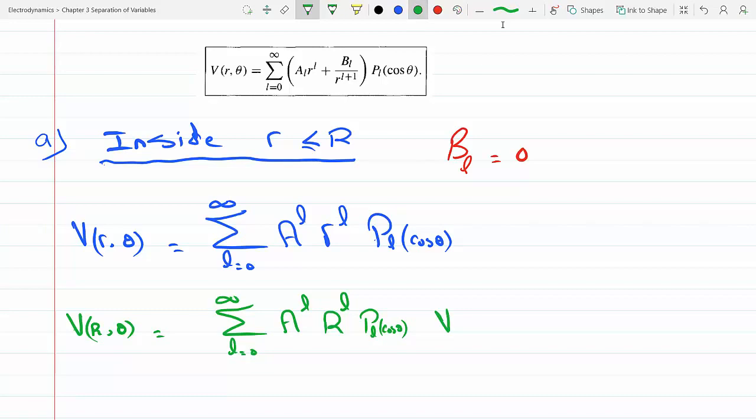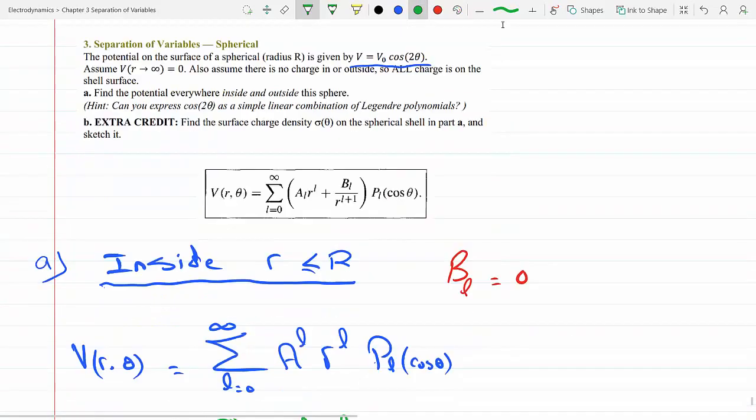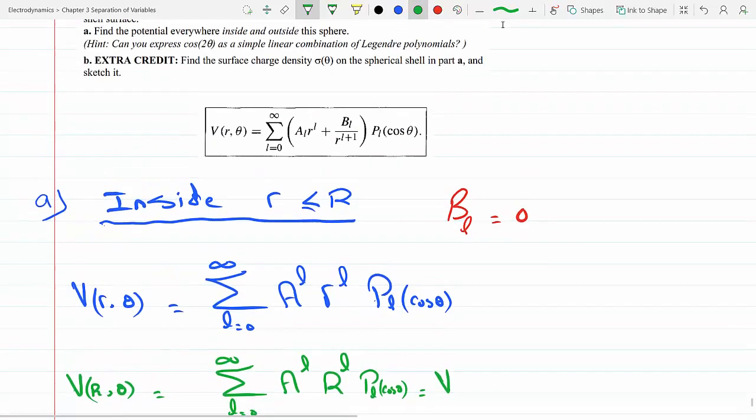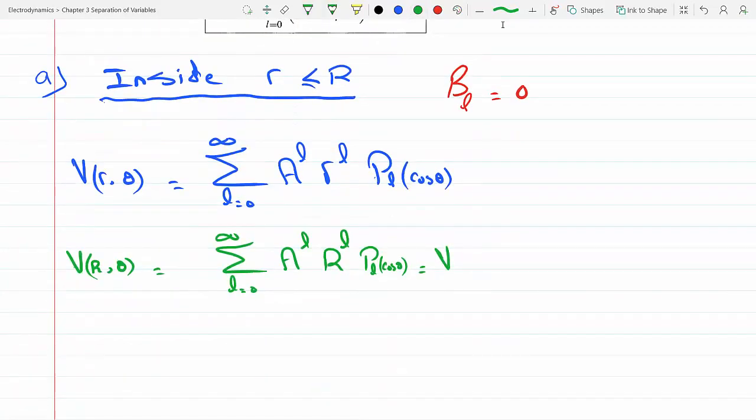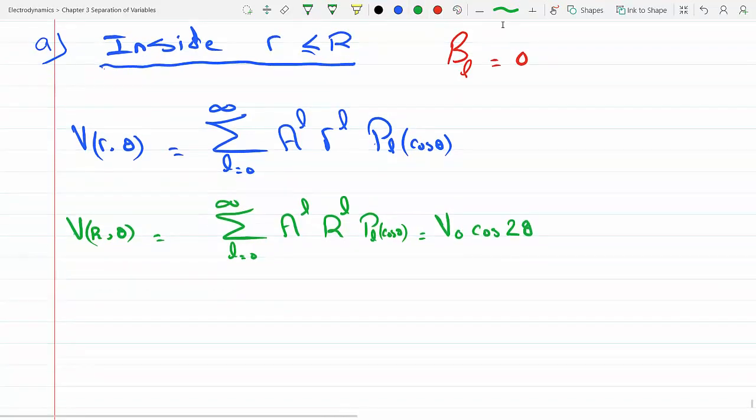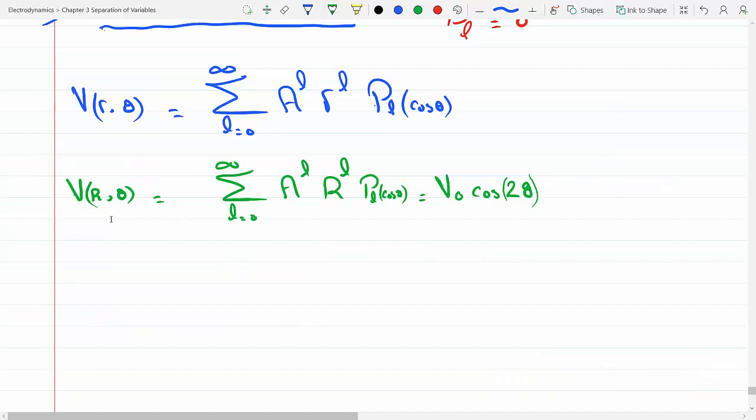Okay, and this has to equal V0 cosine 2 theta at the surface. V0 cosine 2 theta.